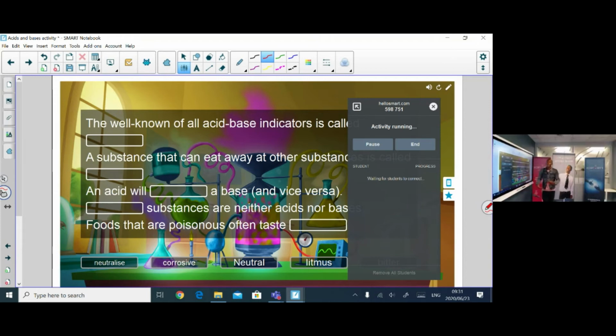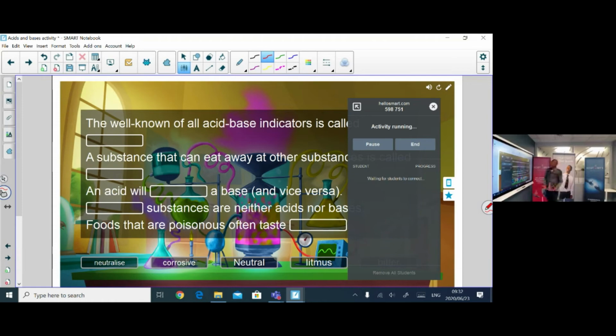They can break down and deform other materials. So that is the particular property we give to our acids and bases, because they can break down or eat away at substances.